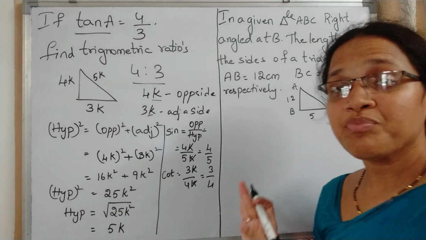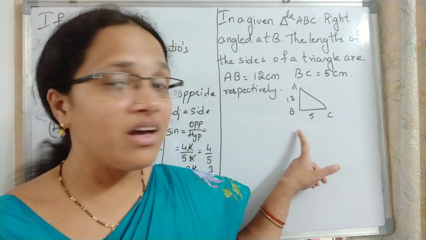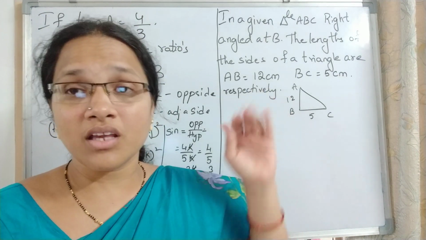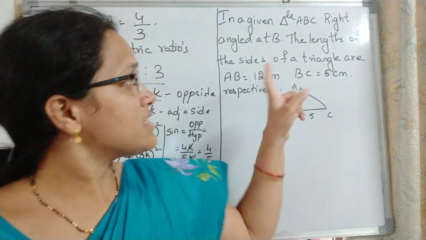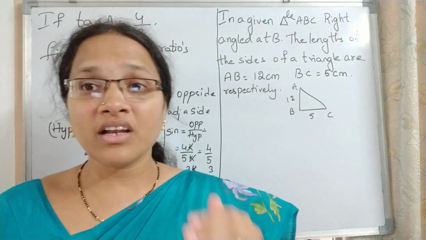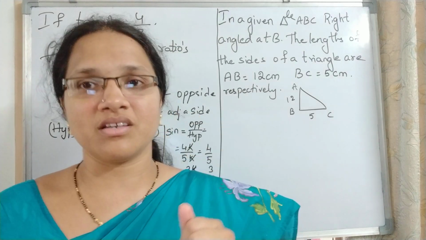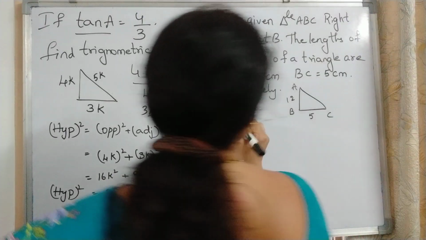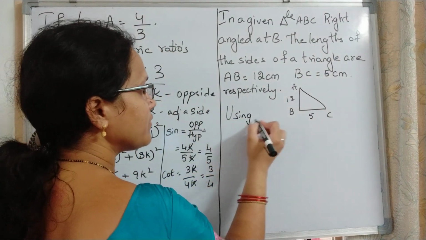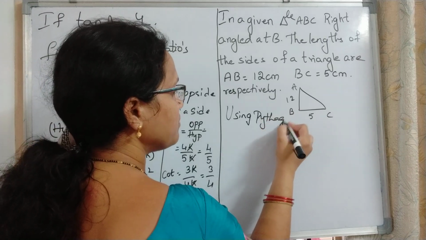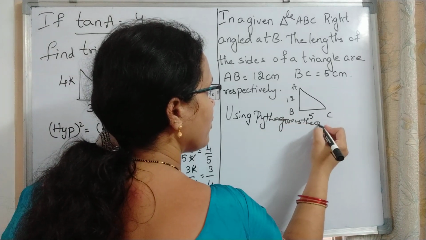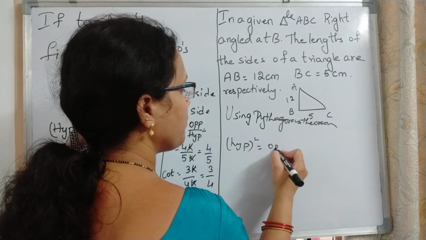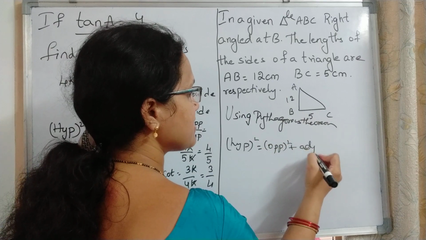Now this does not come under the ratio here. This becomes the triangle where the lengths of the sides are given in the form of units, centimeters. Yes or no? When they are given in the form of units, you can directly find it using the Pythagoras theorem. So hypotenuse square is equals to opposite square plus adjacent square.